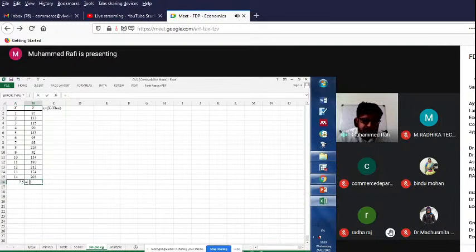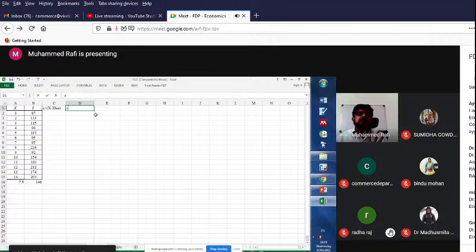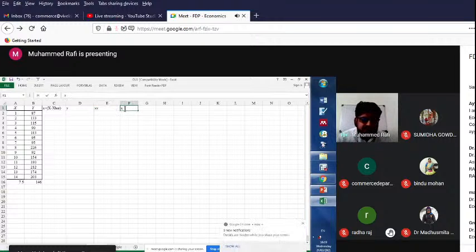In the similar way, we find out the average value of y. Now, you can find out the small x, you can find out the small y, which is nothing but y minus y bar, and you need to have xy, and you need to have x square.